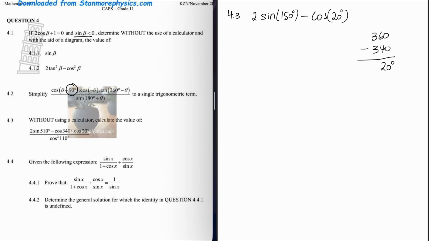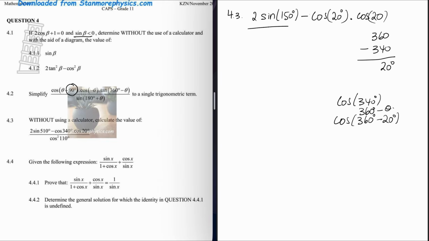And it's going to be positive because remember that cos of 340 is the same as saying cos of 360 minus 20. That's the same as saying 360 minus theta. And cos is positive in that fourth quadrant, and so we're not going to then change that negative sign. Okay? Now moving on to cos of 20, so we're multiplying here by cos of 20.